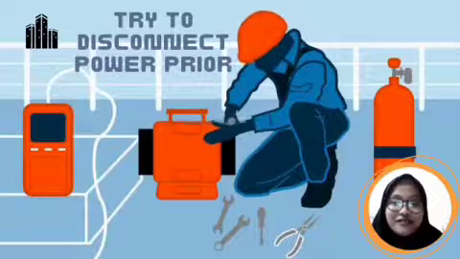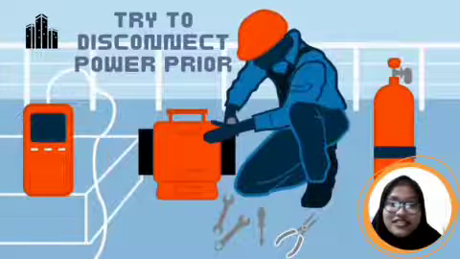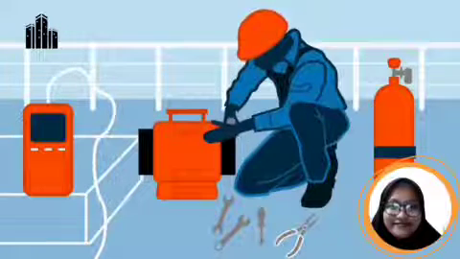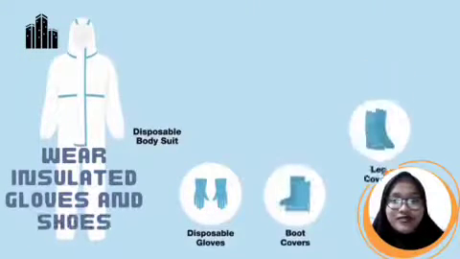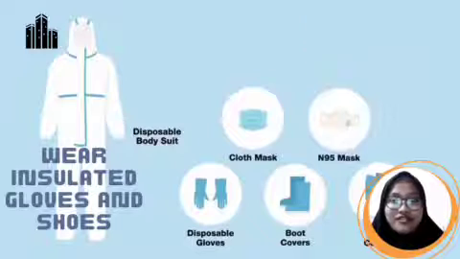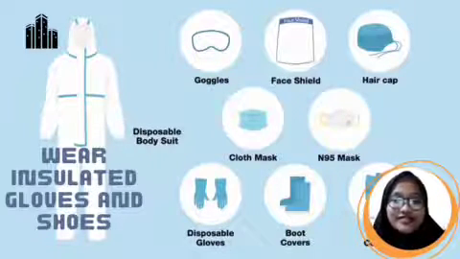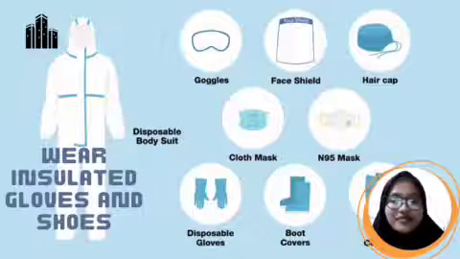The suggestion for risk control was to disconnect power prior to entering the space. Other than that, we also need to wear insulated gloves and shoes or other equipment before we enter the space and to avoid any fall.